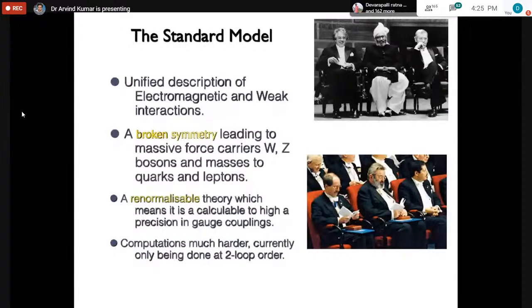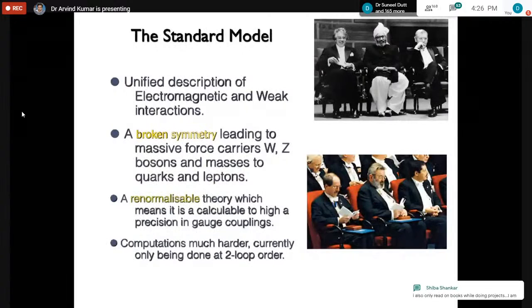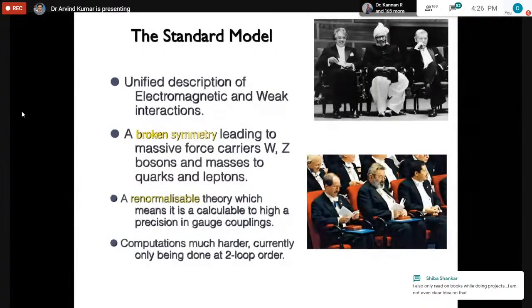These two gentlemen at the bottom, 't Hooft and Veltman, showed that if the symmetry breaking is done through a spontaneous symmetry breaking mechanism, then such a theory is renormalizable at all orders. Okay, that is a fantastic result, and that allowed us to actually check the standard model at higher orders.